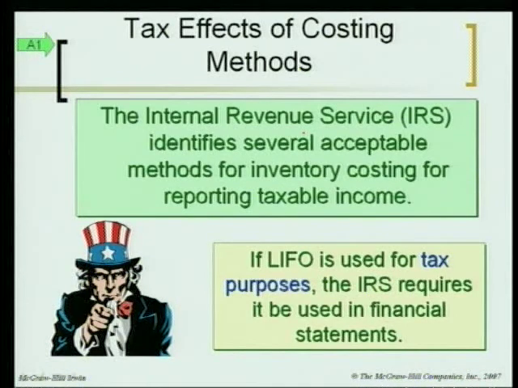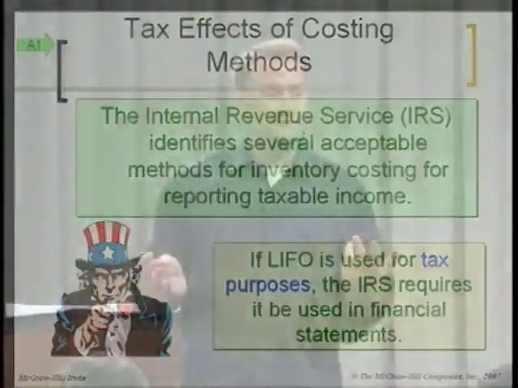Now, I don't want to further complicate things, but I want to say this. The method that you choose for your books may be different than the method you choose for your taxes. That seems illegal, but it's not. You could use weighted average for your books and FIFO for your taxes, or vice versa. Okay?